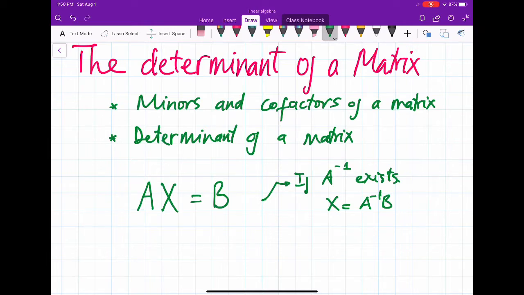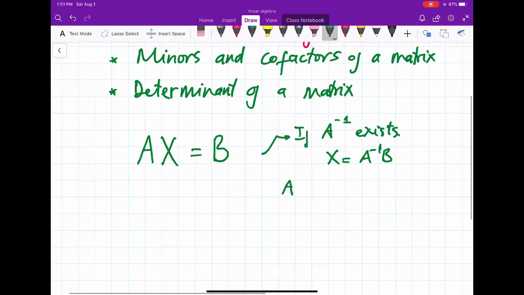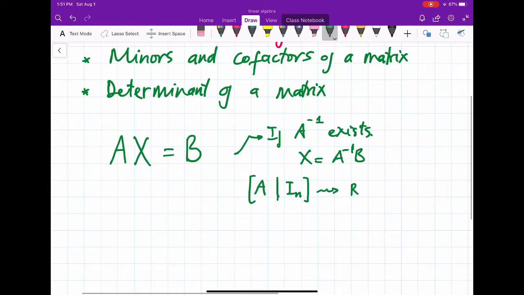And I think it goes a long way because we need to use elementary row operations, right? And I hope we remember that in order to find the inverse matrix, we write this form, and then from here we get the reduced row echelon form.